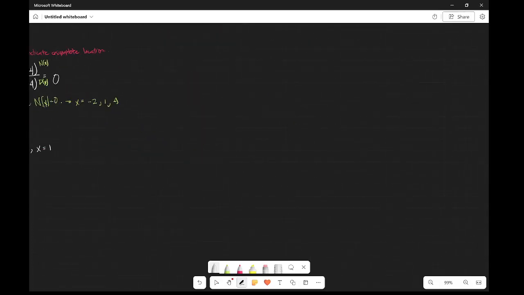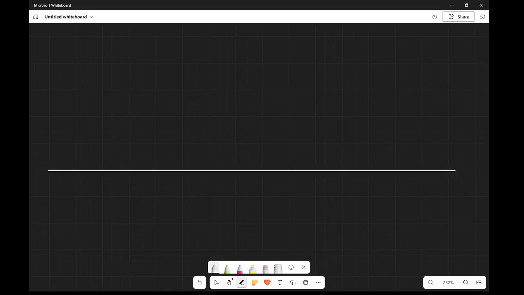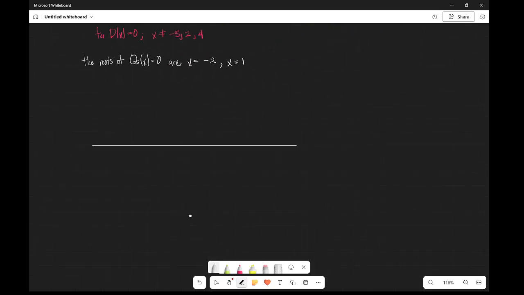And I'm going to make a graph here. So we need our x-axis and our y-axis. That's off, we can't have that.